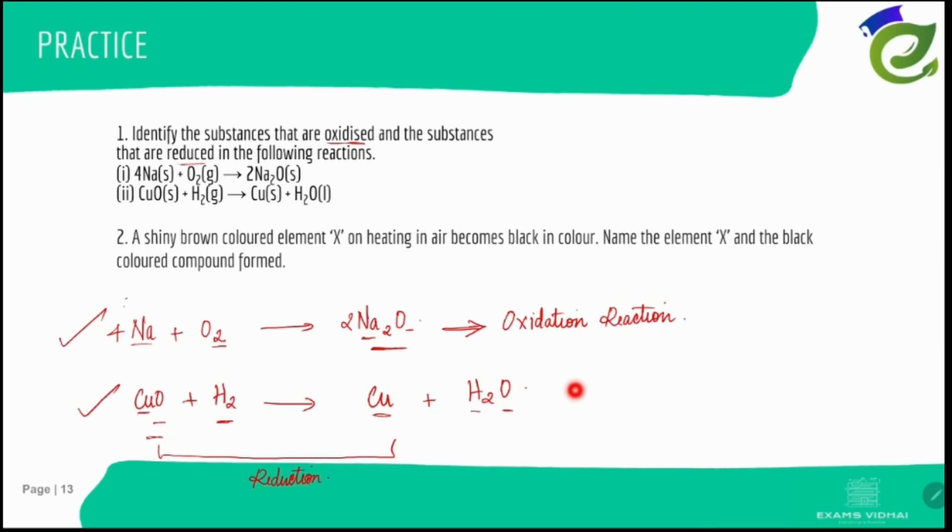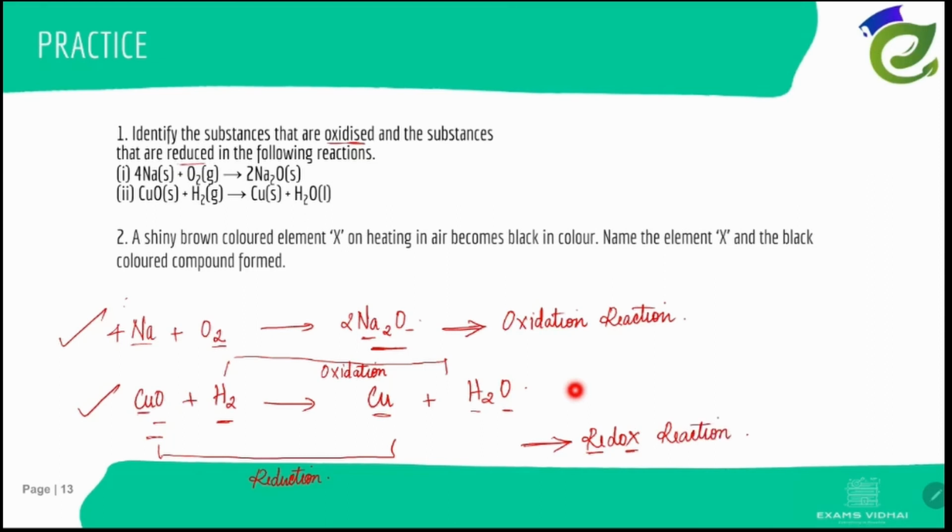And hydrogen on the reactant side does not contain any oxygen, but on the product side, it contains oxygen. Therefore, oxygen is being added. This is an oxidation reaction. Therefore, oxidation and reduction are taking place. This is called redox, reduction oxidation reaction.